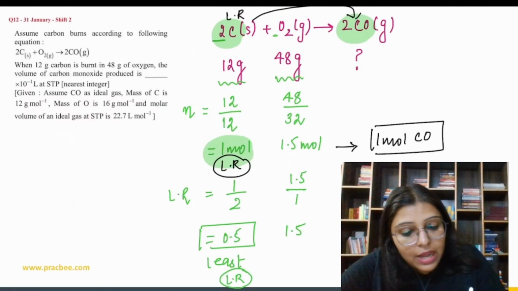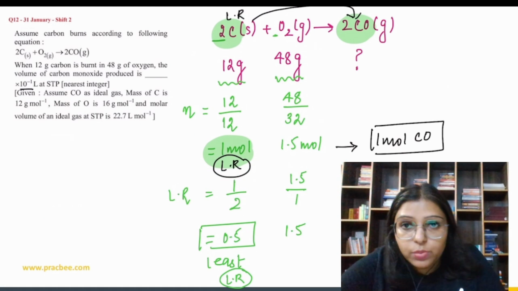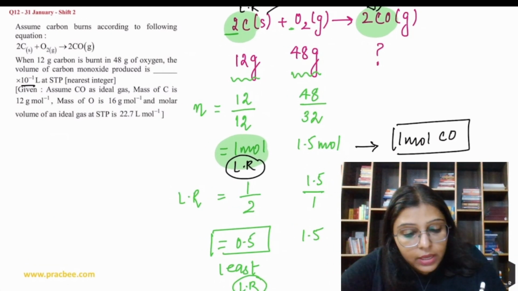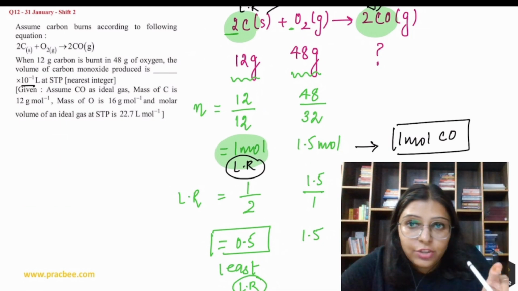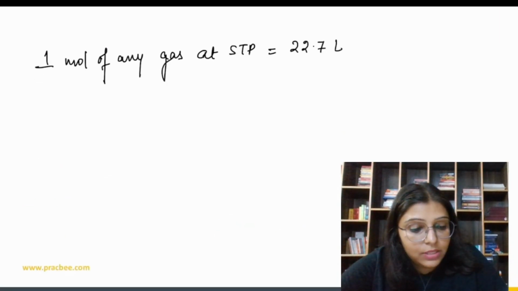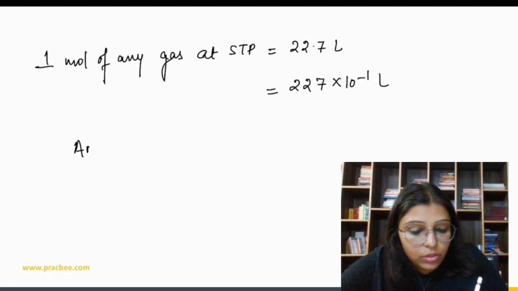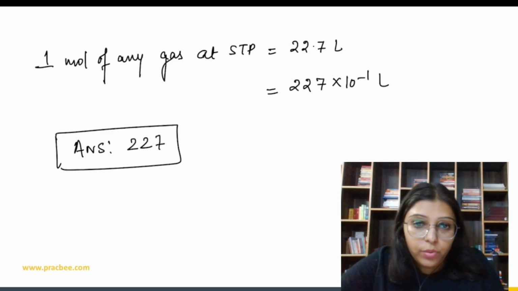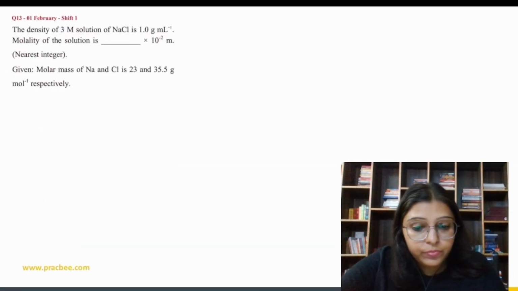We have to report the answer in 10 to the power minus 1, so I can write this as 227 into 10 to the power minus 1 liter. So the answer is going to be 227. I hope this question is clear. Now let's do the next question.